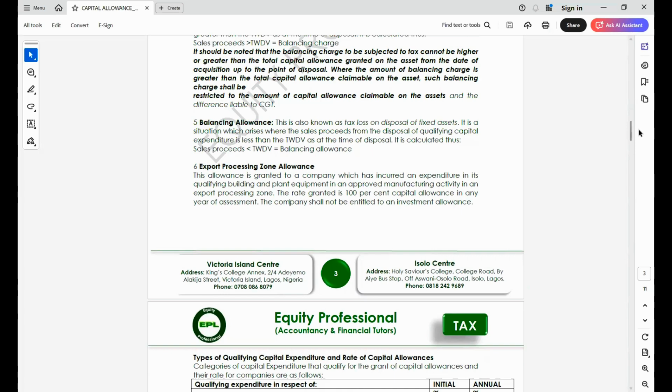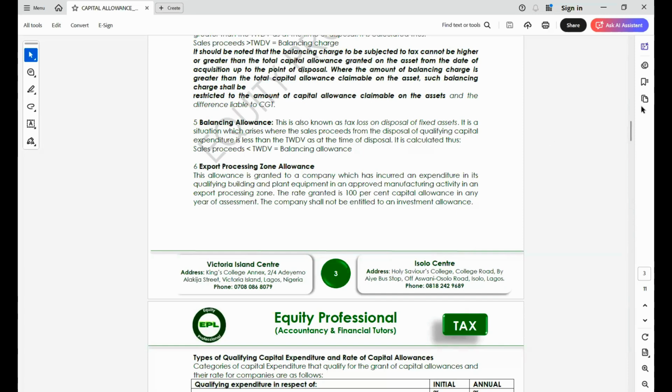So those are the categories of capital allowance that are claimable by a taxpayer. The examiner will not ask each of them one after the other. You are expected to know the capital allowances that are available to a taxpayer, based on the available information. So those are the available capital allowances.